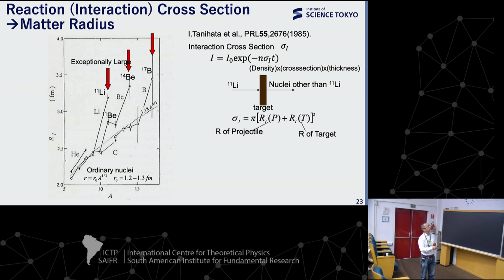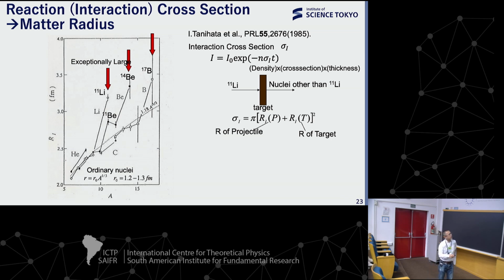Taniata-san's idea was that if you measure the interaction cross-section, it means that when lithium-11 comes, the target is here, and when you measure other than lithium-11, this means that lithium-11 has reacted with the target. And once it is reacted, it is called the interaction cross-section, sigma I. Okay? And this can be extracted rather easily by this expression.